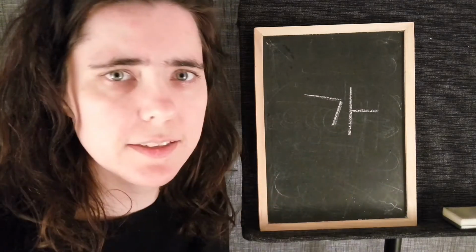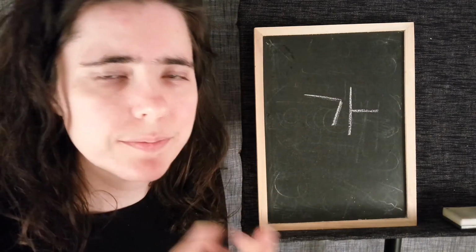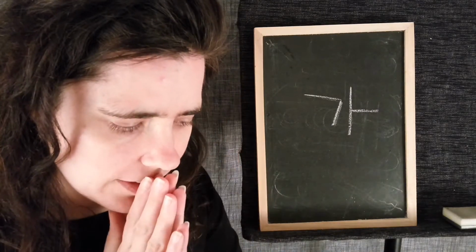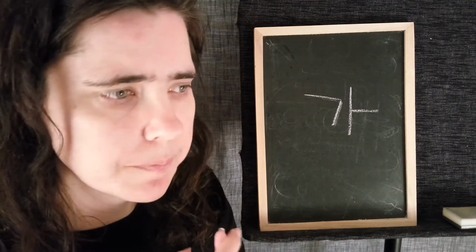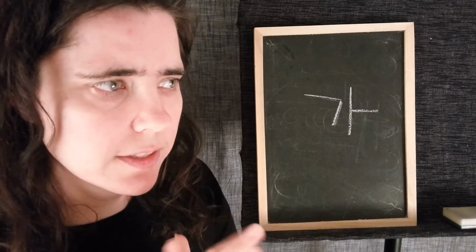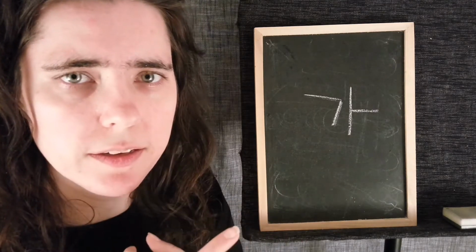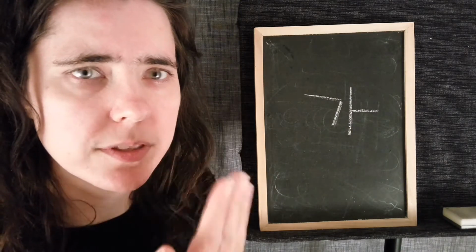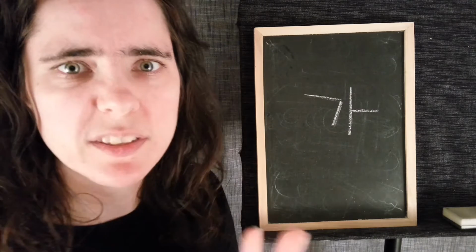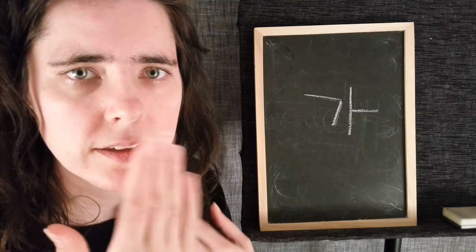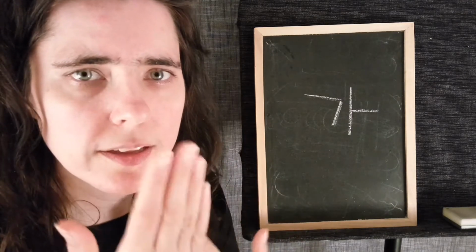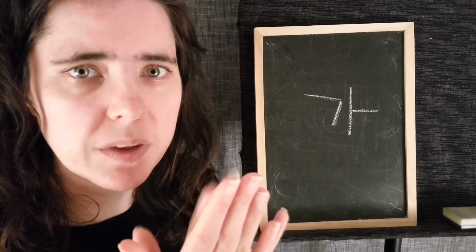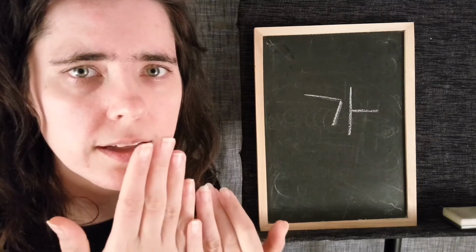So this is ga. It's hard, I'm not making it perfectly. With consonants, there is voicing. If we say ka in English, you can feel a puff of air that hits your hand, ka.